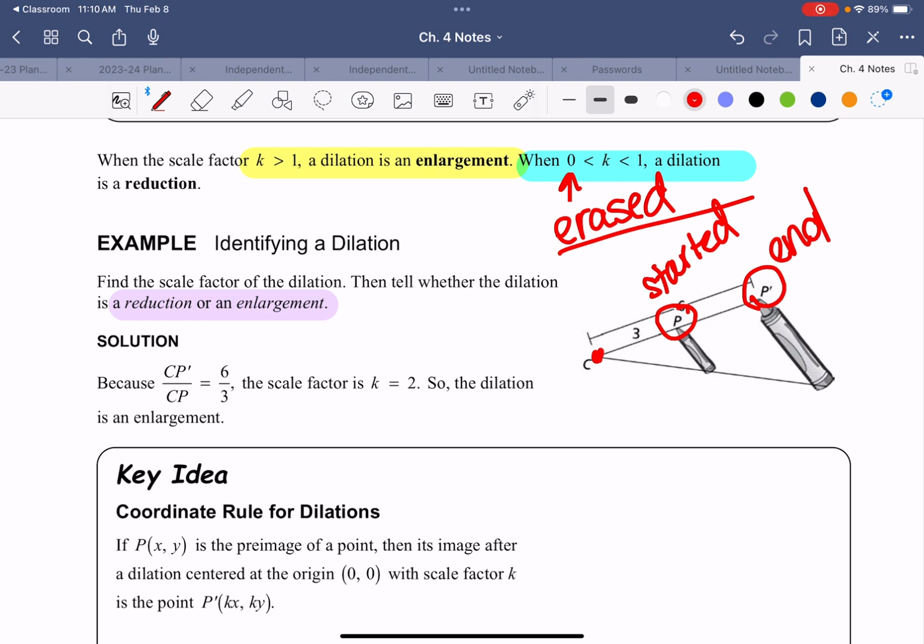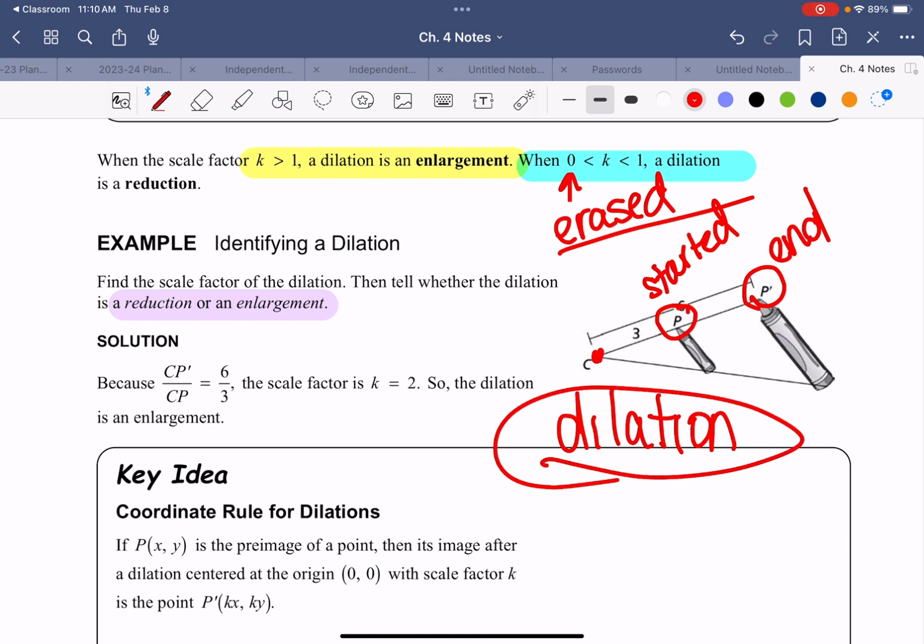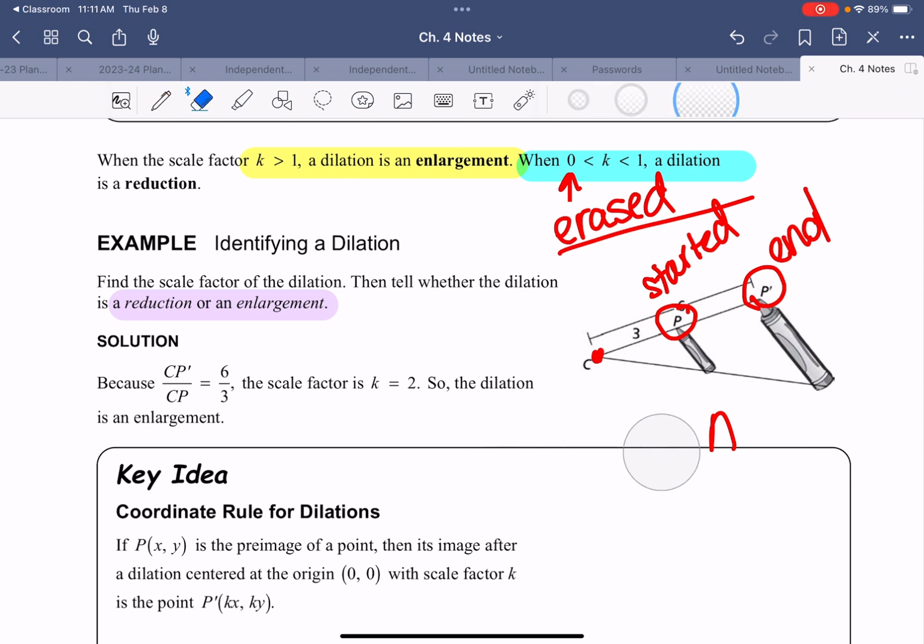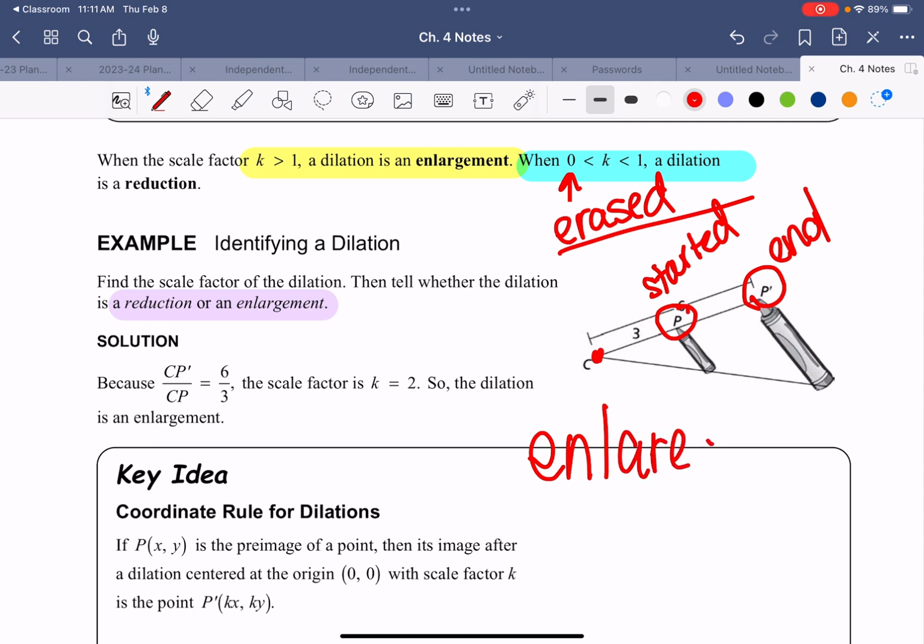So this tells me right now I am looking at a dilation. I know instantly I took that crayon and I made it bigger. So now I've answered that question. It's an enlargement. Shouldn't have put dilation. Should have put enlargement because dilation could be either. Sorry about that. And I can't write. So it's an enlargement.